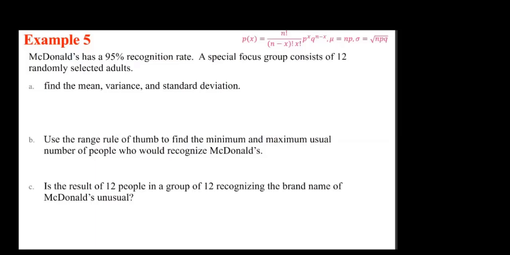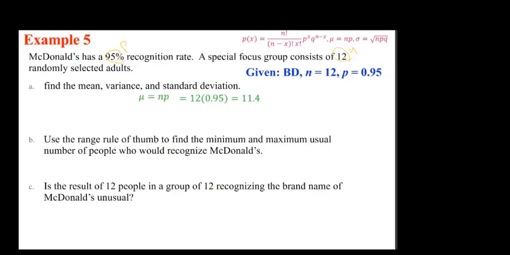We are dealing with a binomial distribution. We have to be able to come up with N and P. N is 12, P is 0.95. Again, mu is N times P, 12 times 0.95.